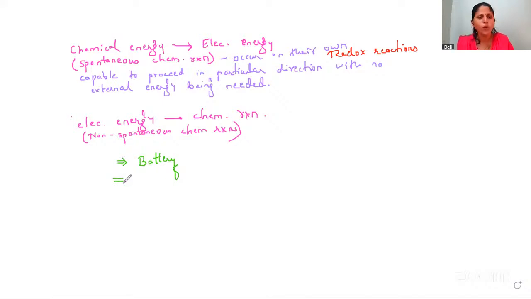The second important application is something called electroplating. You might have heard of or used gold plated ornaments. Then you have certain plates used for offering puja which are silver plated.